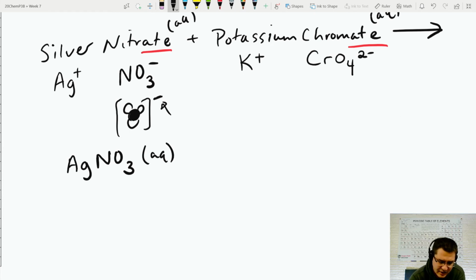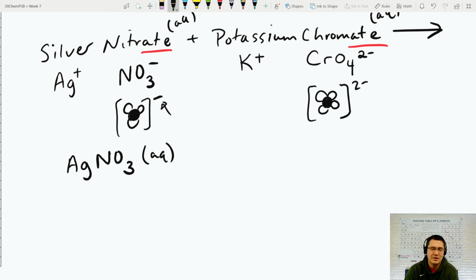So this one would look like maybe a chromium in the middle, 4 oxygen atoms bound to it, and all together collectively, they have 2 extra electrons in their orbitals. And so when they combine, we need 2 potassiums, 2 pluses, to balance out the negative 2 charge. So potassium chromate would look something like this.